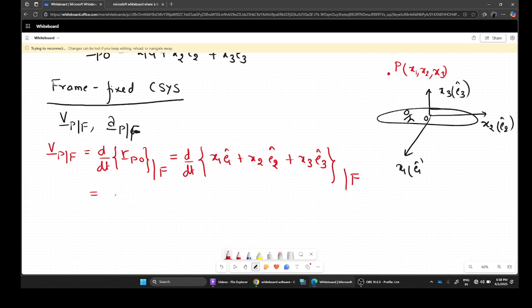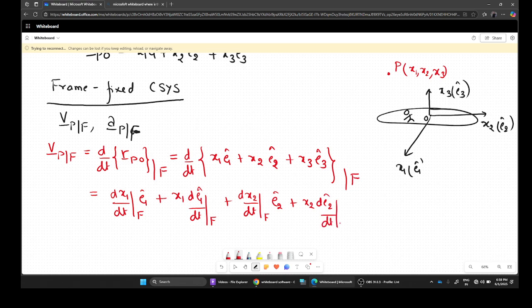I'm going to utilize the product rule of differentiation now and get these 6 terms. Right? We get these 6 terms.